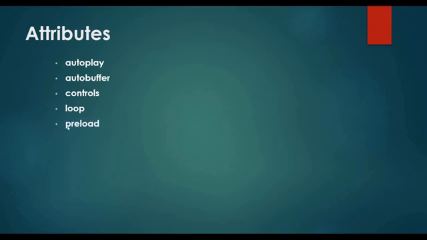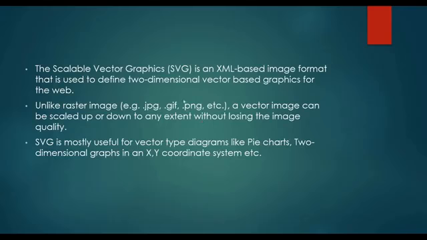So that is loop. Then preload: the whole audio file will be loaded first, then it will start to play. It is completely different from autoplay and auto buffer. And SRC, right? We have seen this SRC many times.